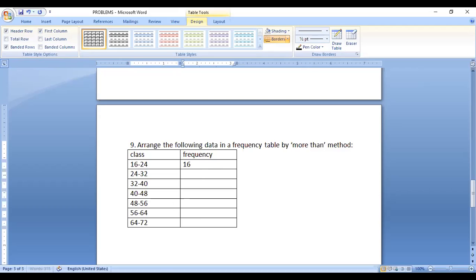Frequency is 16, 24, 27, 36, 38, 32, 27.